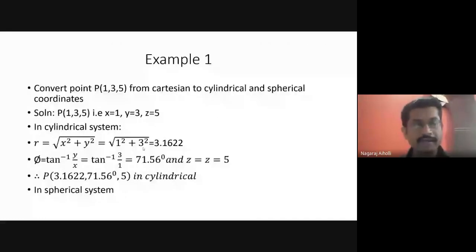Next, to find out the phi value. Phi is tan inverse y by x. y is 3 divided by 1, x is 1.